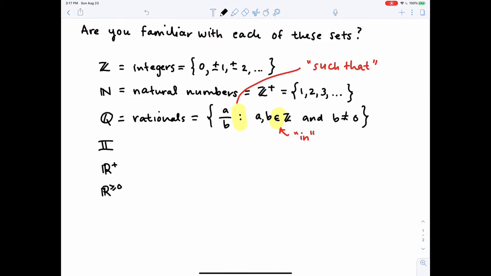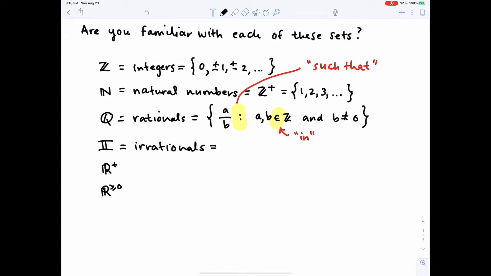So this I, many of you might think it's the complex or the imaginary numbers, but it's actually the irrationals. We're not going to be dealing with complex numbers in this class that aren't real, so we're just going to be sticking with real numbers.